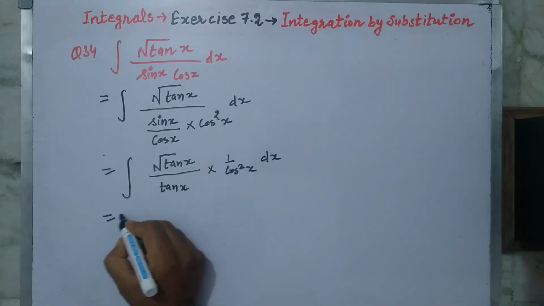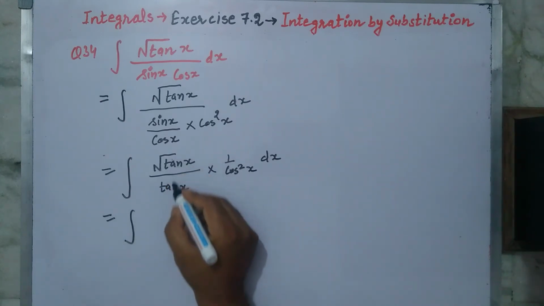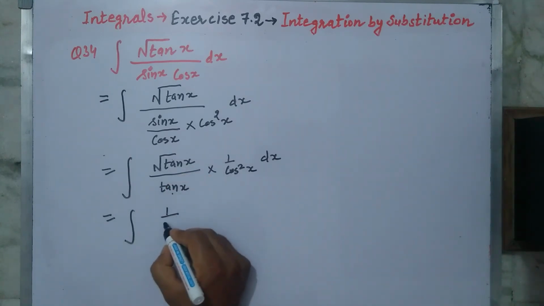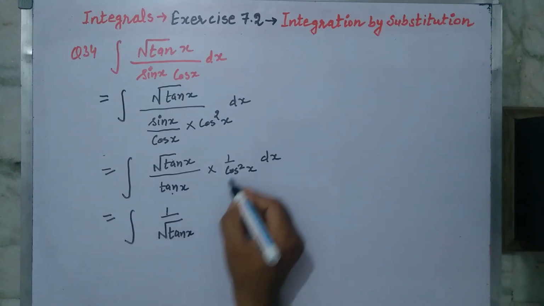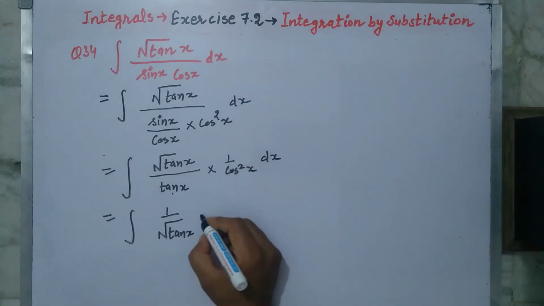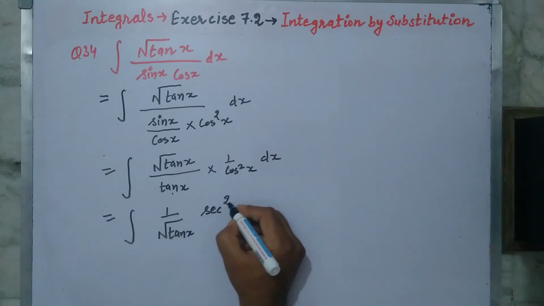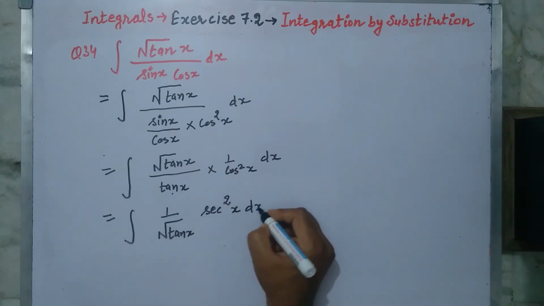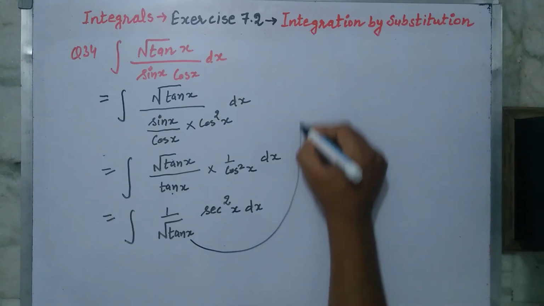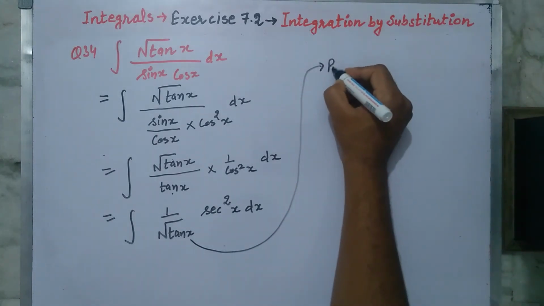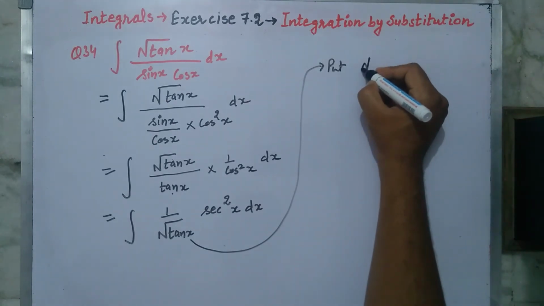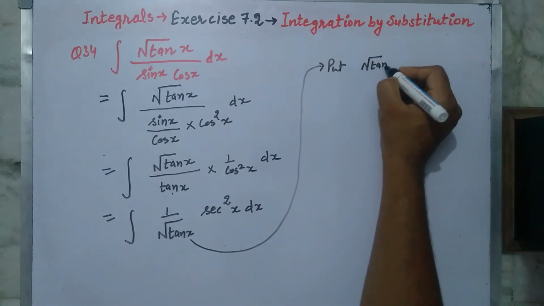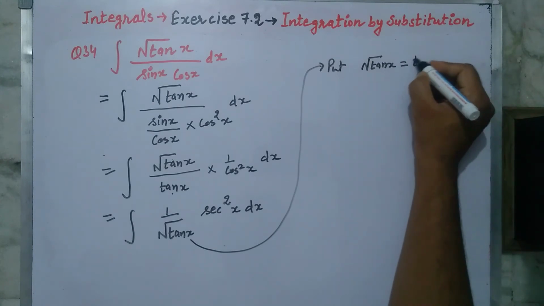So this means we can write this as 1 upon square root of tangent of x, into 1 upon cos square x, meaning secant square x dx. Now here we can substitute square root of tangent of x equal to t.